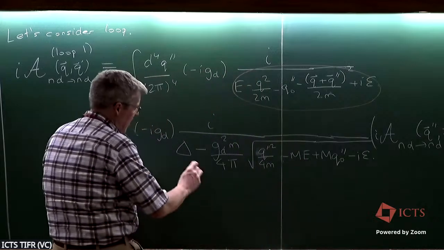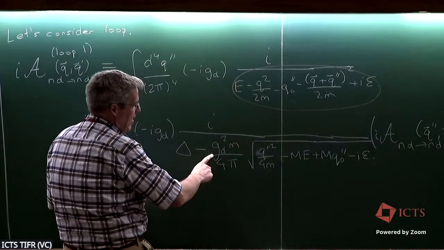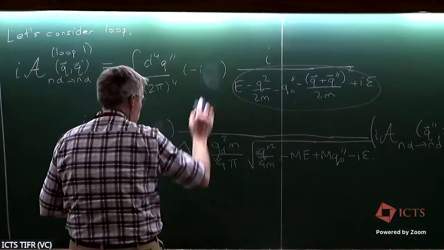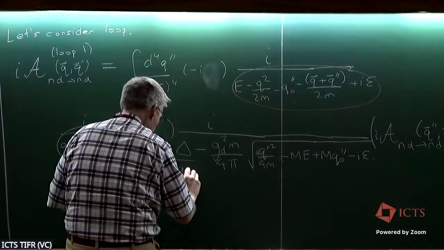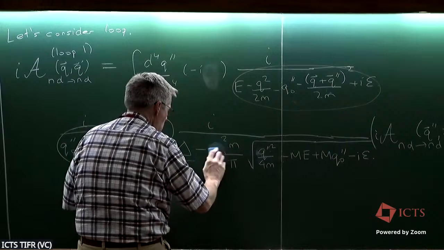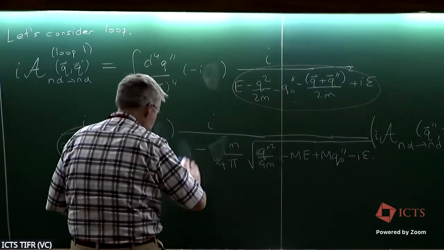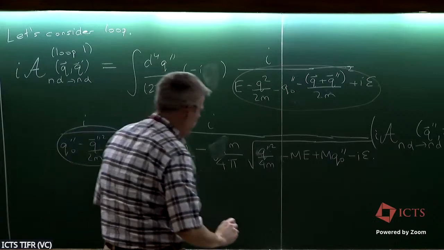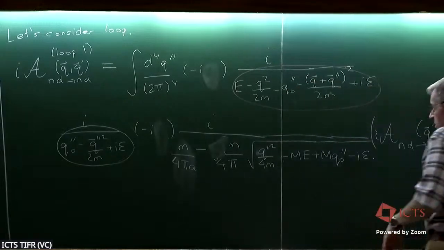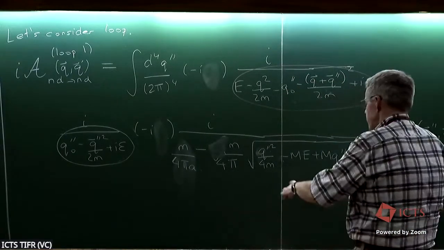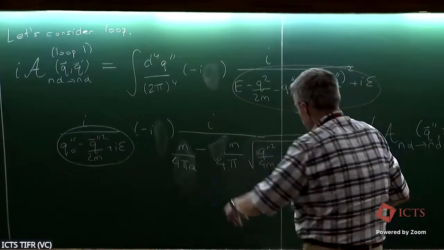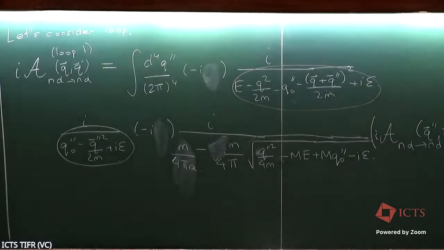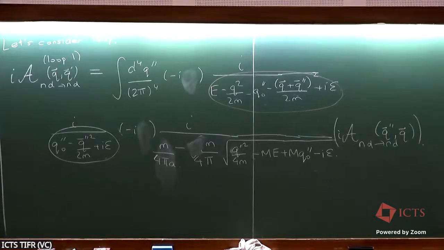So if I divide here by, suppose I divide top and bottom by GD squared, then this becomes M over 4 pi A. And so there is analytic structure in here as well due to the fact that if all of this is equal to 1 over A, I also get a pole. So that's actually, we'll come back to what that means in a minute, but this is also in the upper half plane.